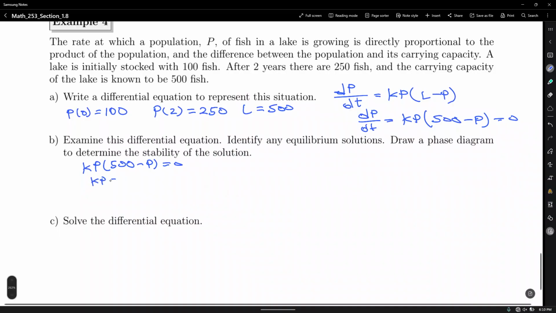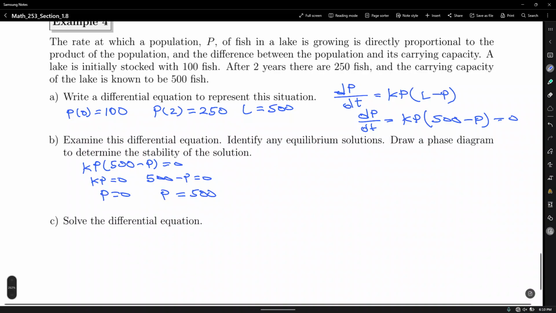So kP equals 0, or 500 minus P equals 0. So P equals 0 and P equals 500. These are the equilibrium solutions. We're going to have an asymptote at y equals 0 and another asymptote at y equals 500.